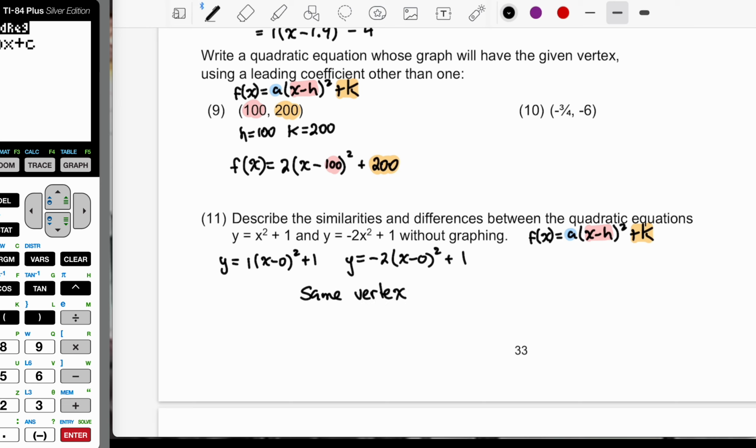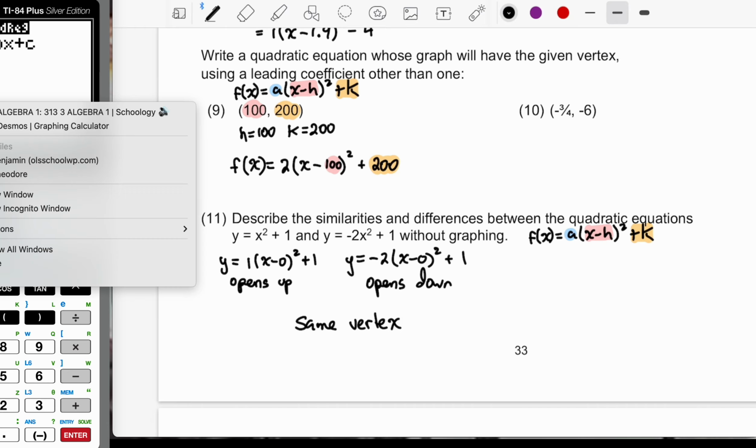The first one is going to open upward because it's got a positive a value. Its slope is equal to 1. So it opens up. The second one opens down. The other thing that we could talk about is the width.